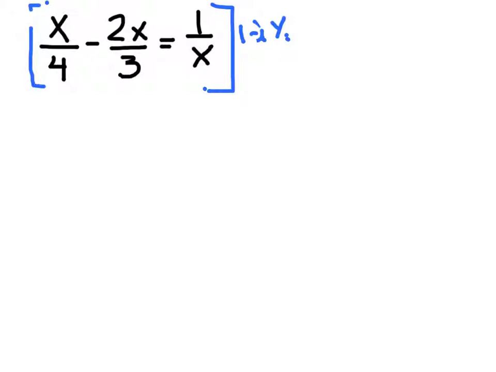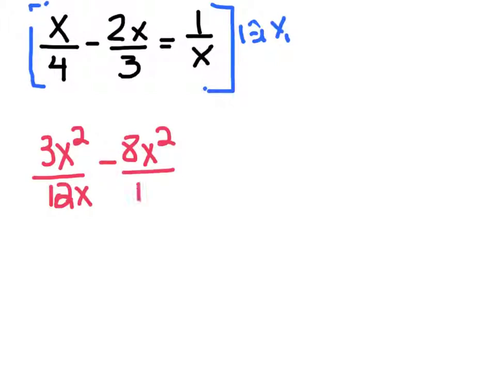Like you multiplied this first term by 3 over 3x, and you got 3x squared over 12x, and multiplied the second term by 4x over 4x, and got negative 8x squared over 12x, and multiplied the last one by 12 over 12. And got 12 over 12x.